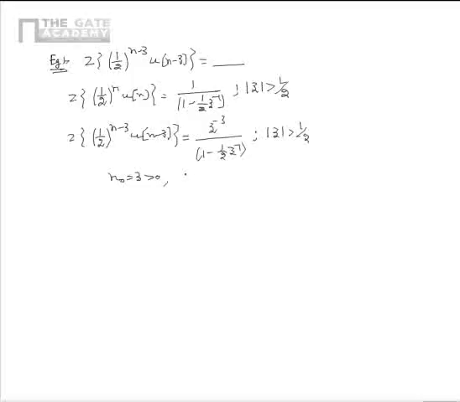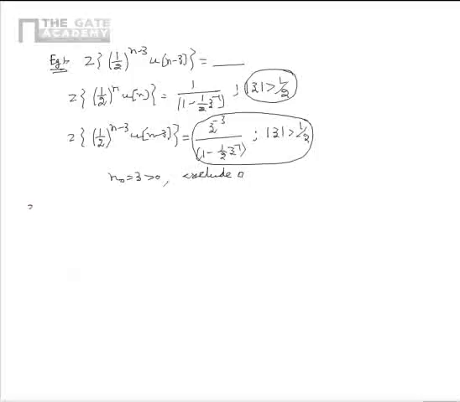The ROC should exclude 0, which was already excluded in the original ROC of mod z greater than half. So from this we can say that the Z transform is z power minus 3 divided by 1 minus half z inverse with ROC as mod z greater than half.